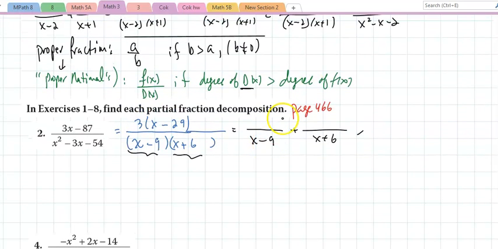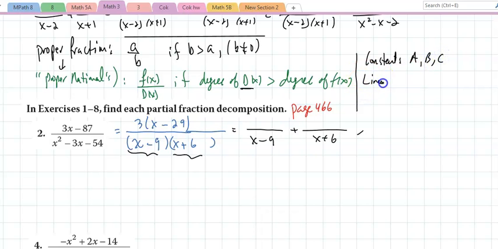So, if the bottom is linear, a constant is just a letter, A, B, C. A linear equation is really Ax plus B. Quadratic is Ax squared plus Bx plus C. So when I say the top should be one power less than a linear, I'm saying the top is just a constant, and this is just a constant.